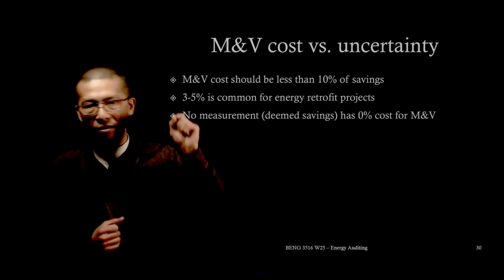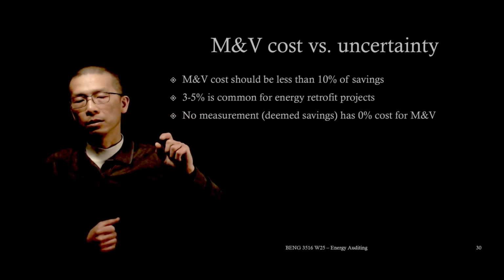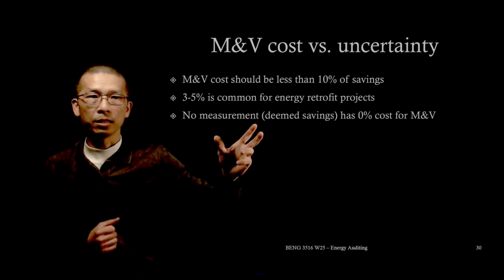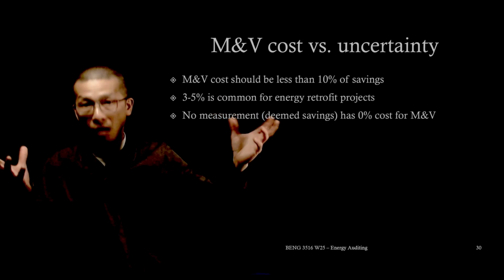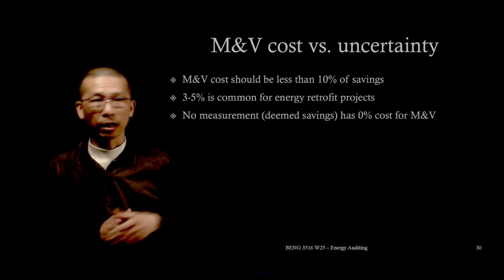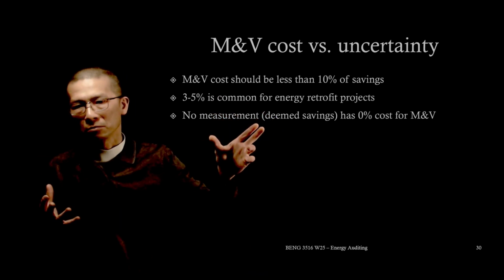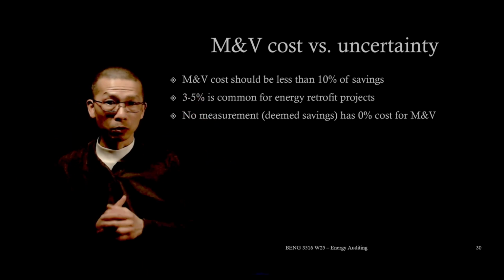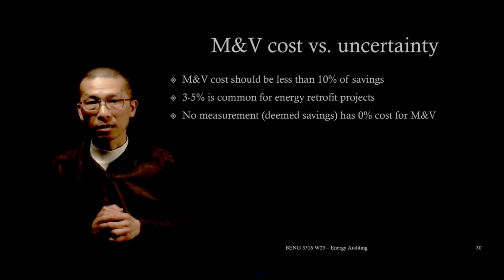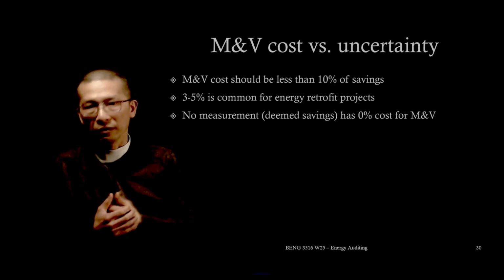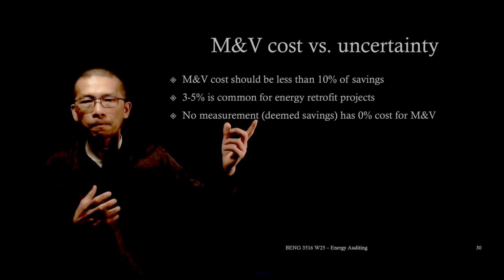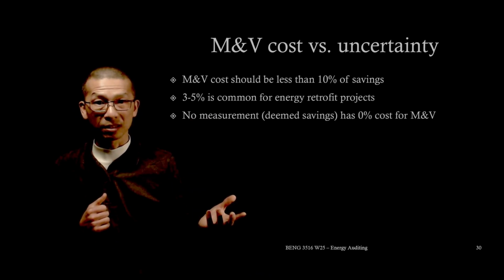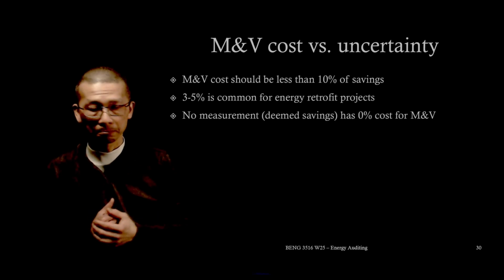This level strikes a good balance between enough data, enough accuracy, and keeping the cost low. And if no measurement at all, when savings are deemed rather than measured, then there's no direct measurement effort, no cost. However, while this approach saves money on verification, it often comes with increased uncertainty. Just keep that in mind.